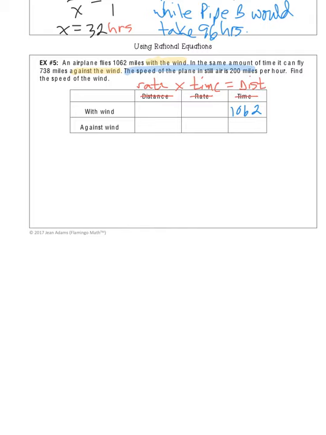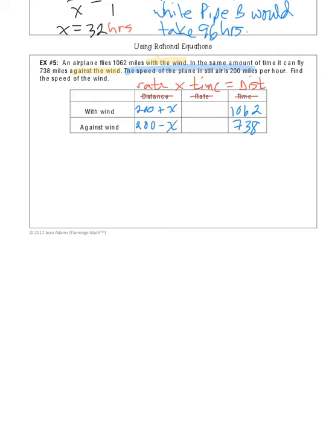And we know the speed of the plane in still air is 200 miles an hour. So the plane's going 200 miles an hour, and with the wind means it's going to increase that speed. So I'm going to add x, our wind rate, to it. And then we don't know the time, so we'll skip that for a minute. And then it says that in the same amount of time, it can fly 738 miles against the wind. So you're going to take that 200 miles per hour and subtract the wind speed.